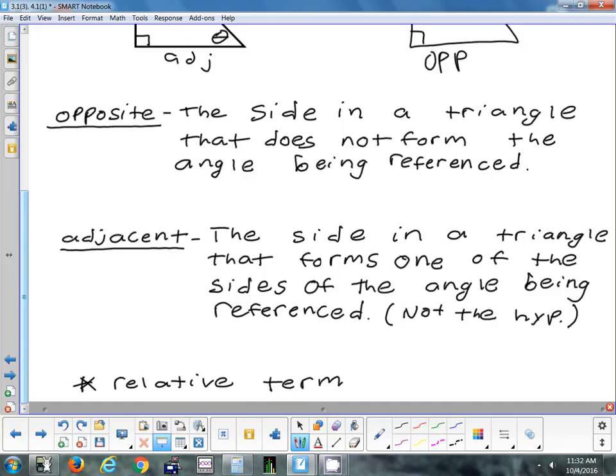Something that's not a relative term is if I said north. I don't care which way you face. You can face the board, the wall, the door. North is the same direction for all of us, no matter which way you're facing, like magnetic north, unlike left and right, which change. So any questions on what I mean by opposite, adjacent, or hypotenuse?